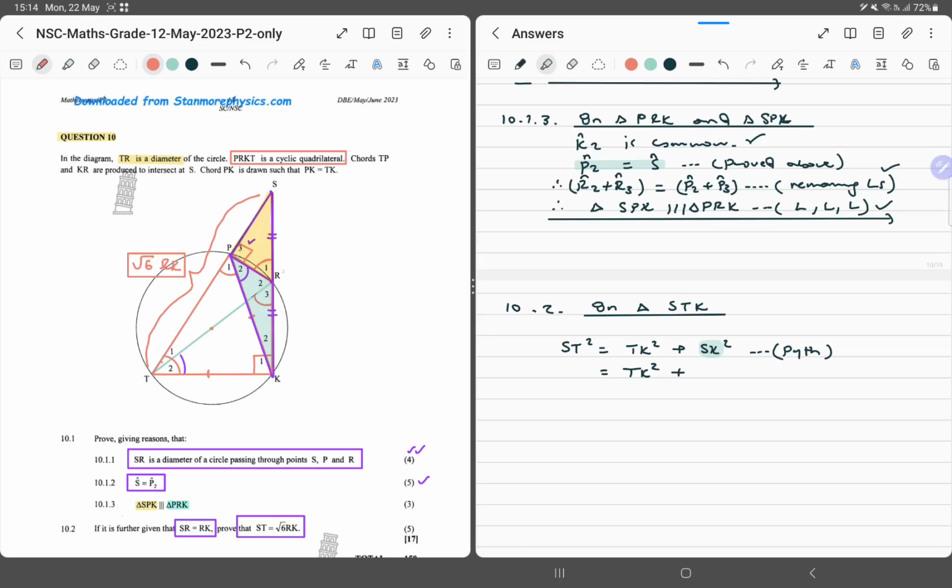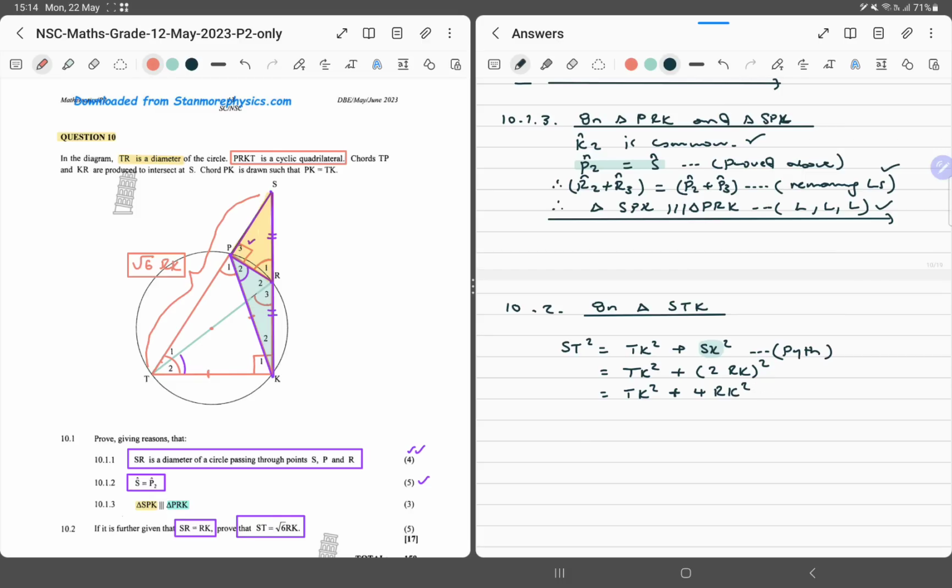So if SR is equal to RK, we know that SK is going to be 2KR, or 2RK, squared, which is going to be TK squared plus, when we square that, it becomes 4RK squared.